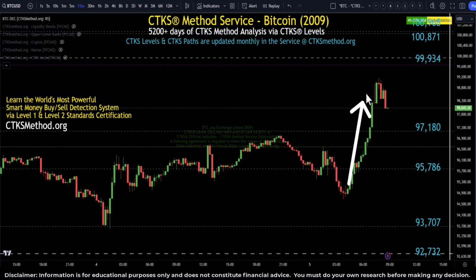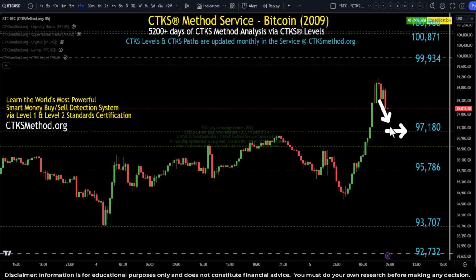Okay, Ken, but what does it mean for Bitcoin's price? I want to know where it's going. Well, you've got your structural levels right here. It's going in between them. So for example, if we get a retracement back to the 97,180, if this doesn't hold, there's negative structural attraction to the 95,786.